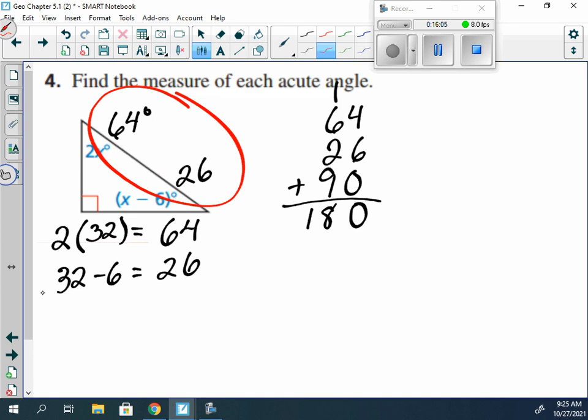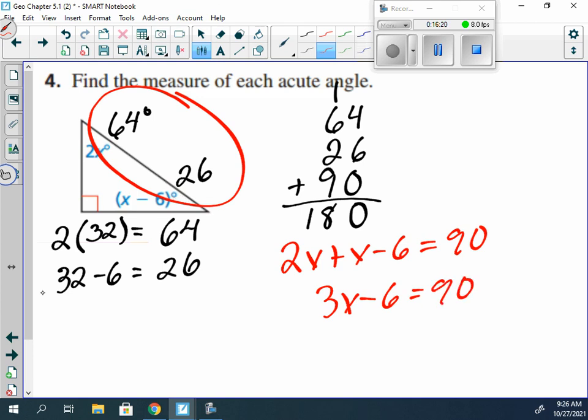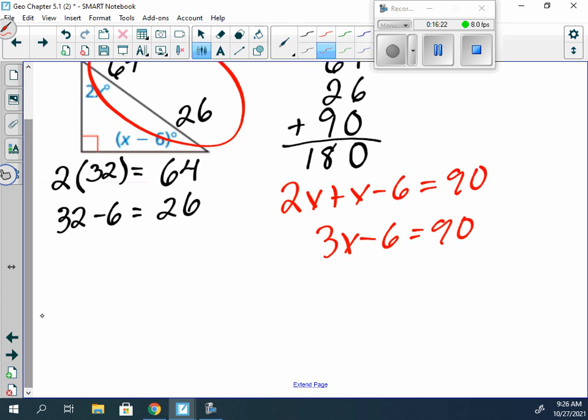So really, when we solve this, we could have done 2x plus x minus 6 is equal to 90 and gotten the exact same thing. Because if we do this here, it'd be 3x minus 6 is equal to 90.